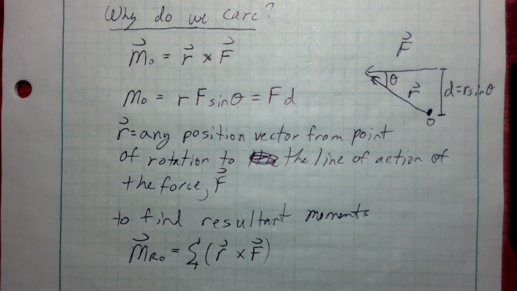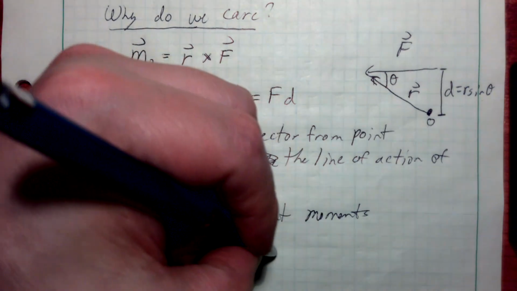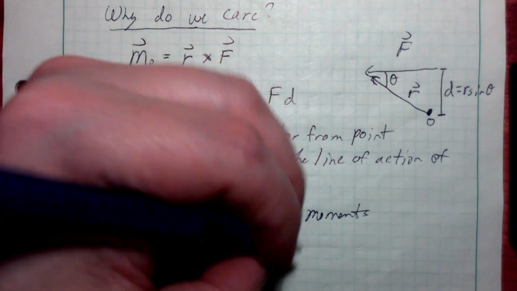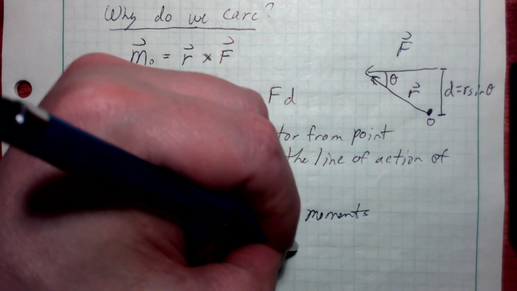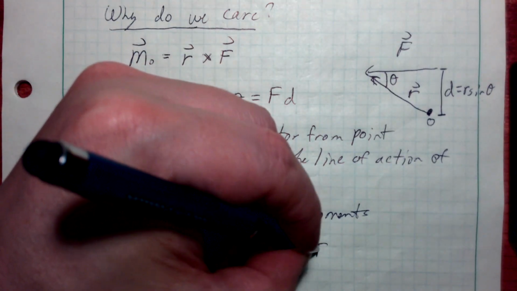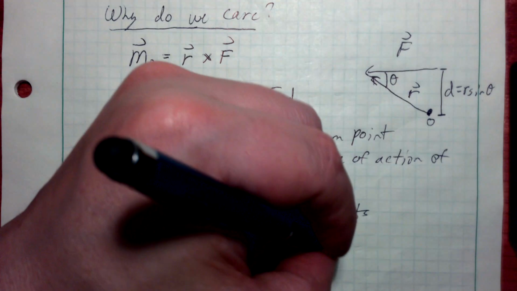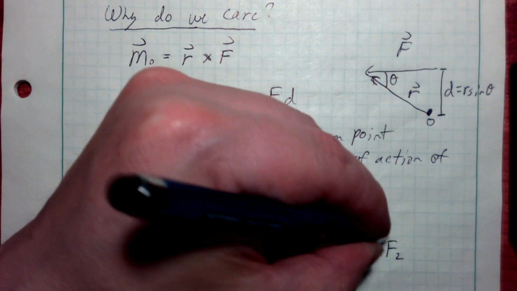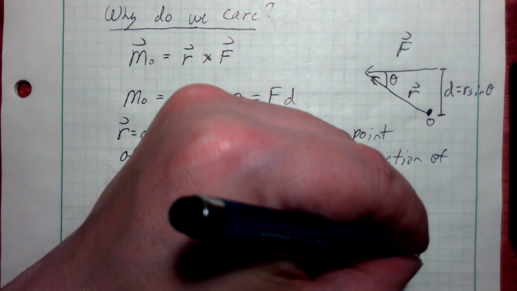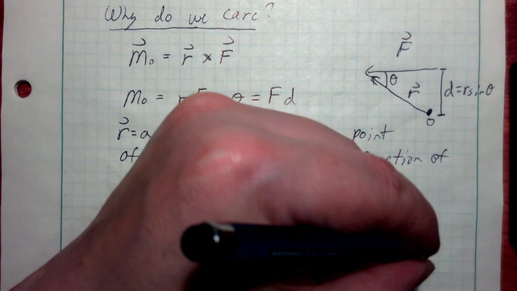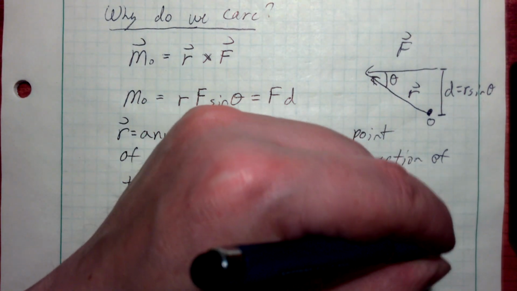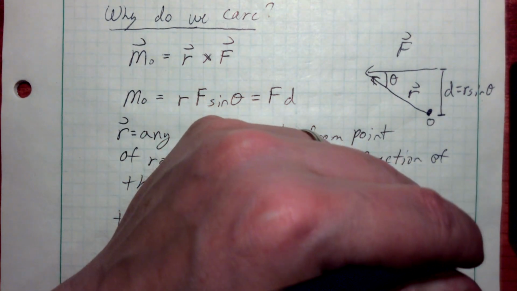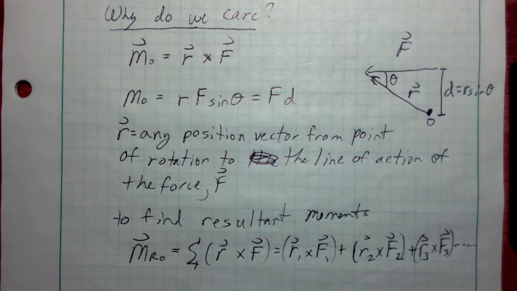Now, how often are we going to work this in three dimensions? Well, it gets kind of a bit tedious because you end up taking r1 crossed with F1 plus r2 crossed with F2 plus r3 crossed with F3, etc. As many forces as you have applied or causing rotation, potentially causing rotation about point O. This is a summation.